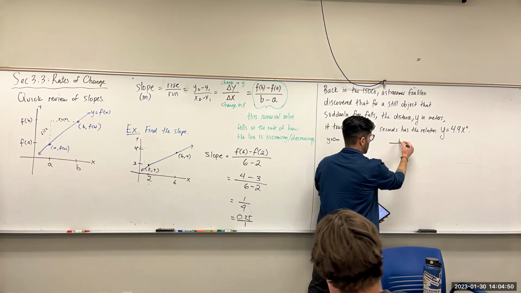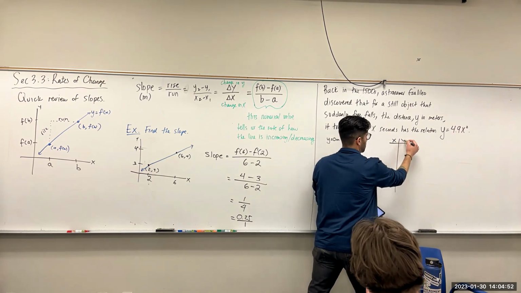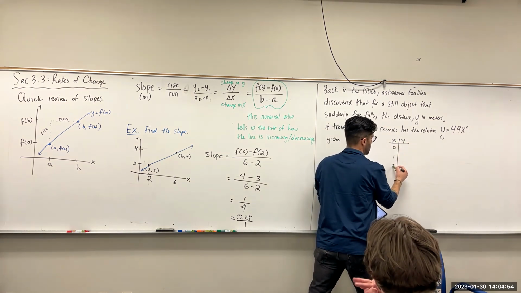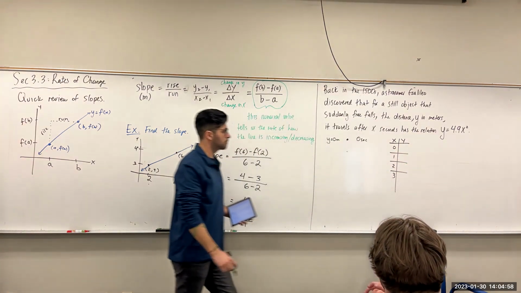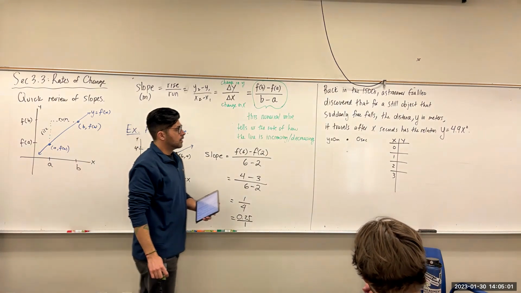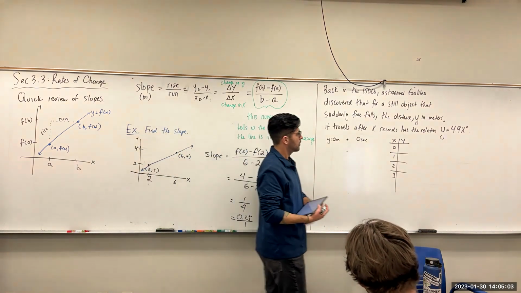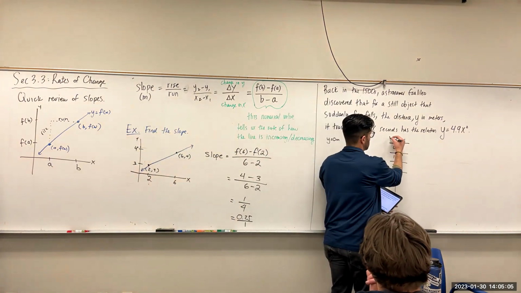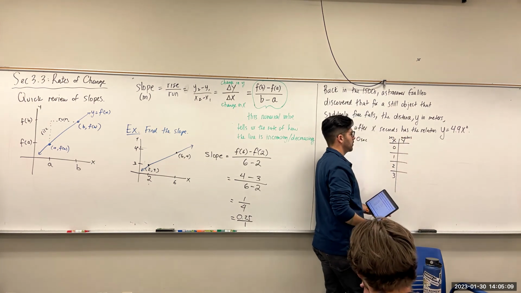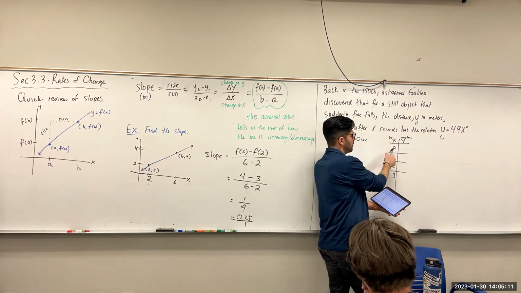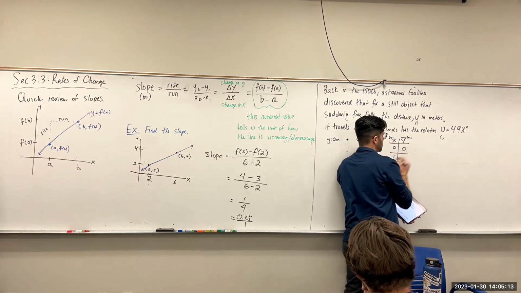We're going to draw a little XY table here. Put 0, 1, 2, and let's just go up to 3. So this is seconds. This is meters. So if the rock has not even fallen, then it has traveled 0 meters.